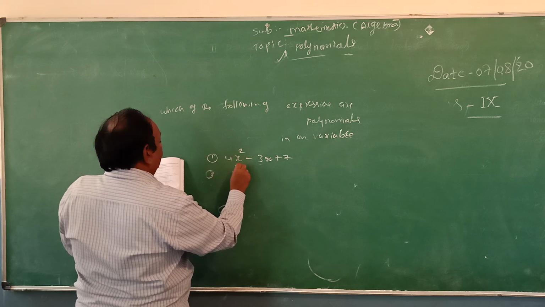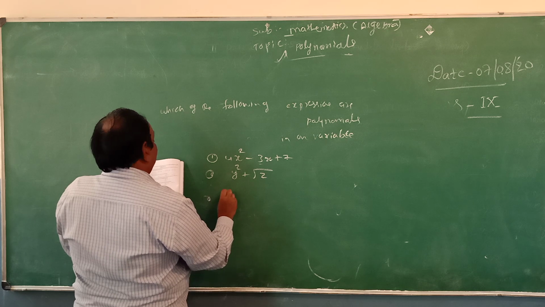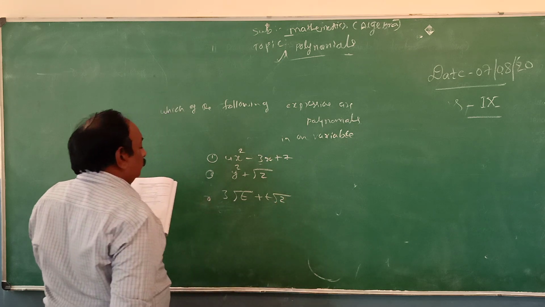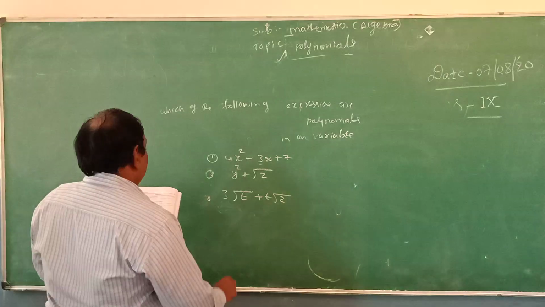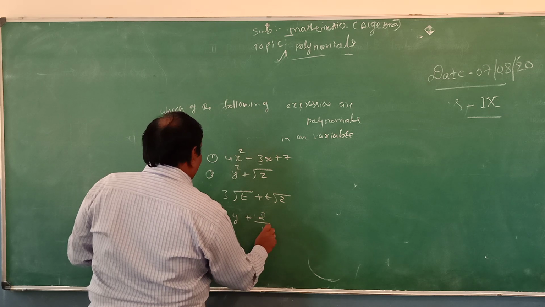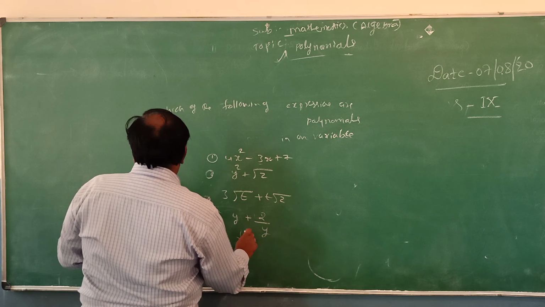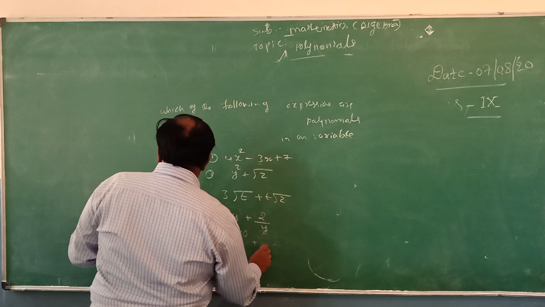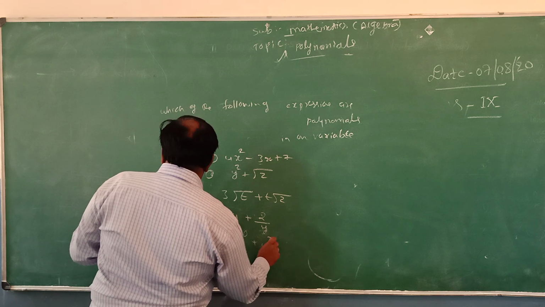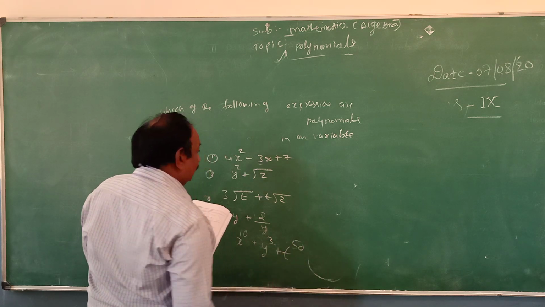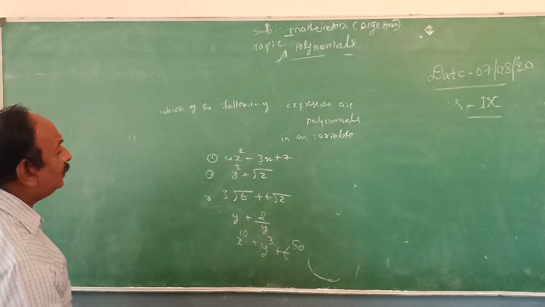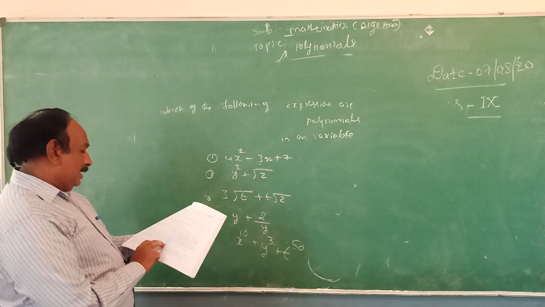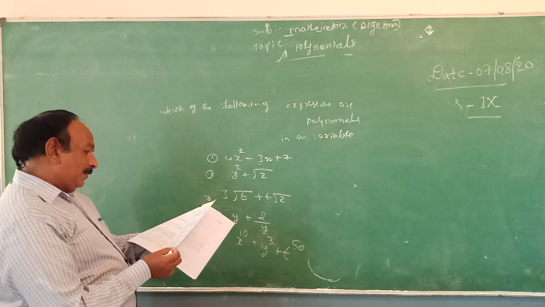Second one is y square plus root 2. Third, 3 root t plus t root 2. Then y plus 2 divided by y. Then x to the power of 10 plus y cube plus t to the power of 50. How many of these are polynomials?